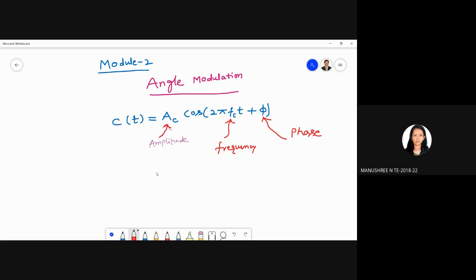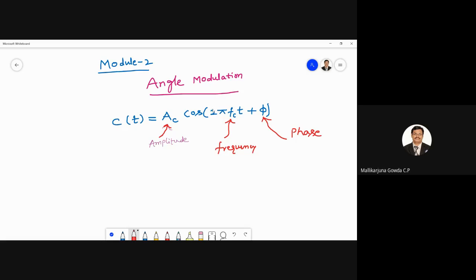Varying the amplitude of the carrier signal in accordance with the message signal. So in amplitude modulation, we vary the amplitude of the carrier signal in accordance with the instantaneous value of the message signal, keeping frequency and phase constant. That is what is known as amplitude modulation.